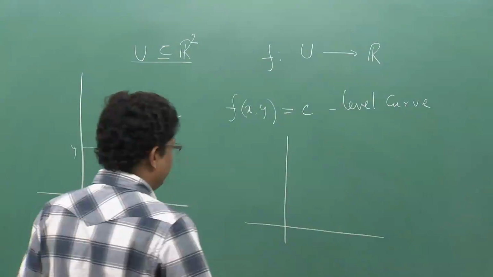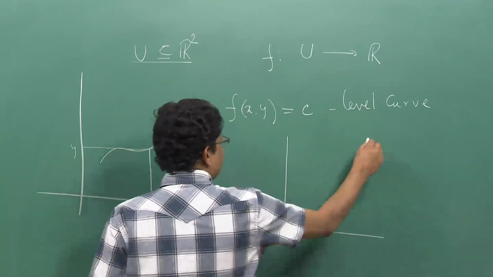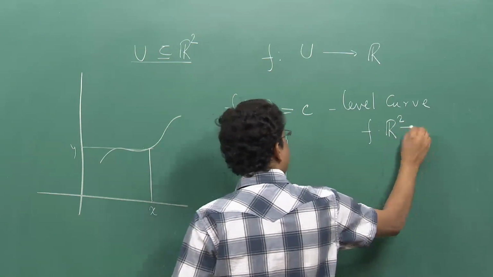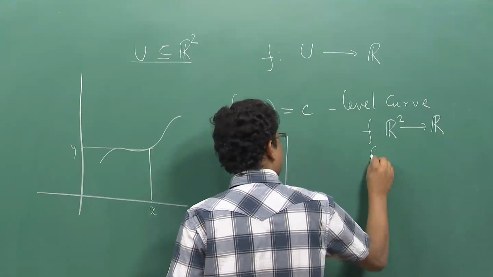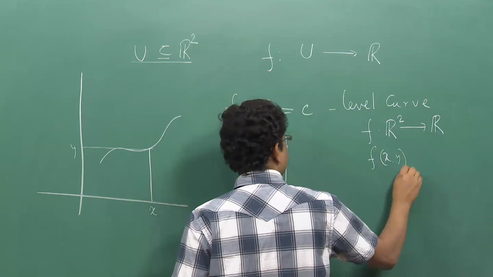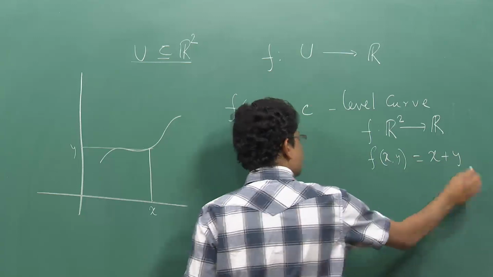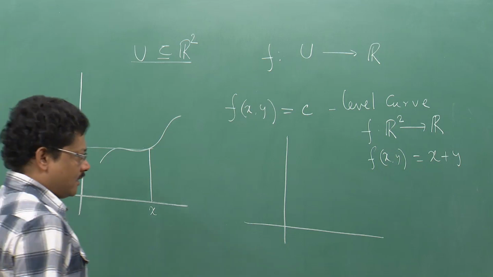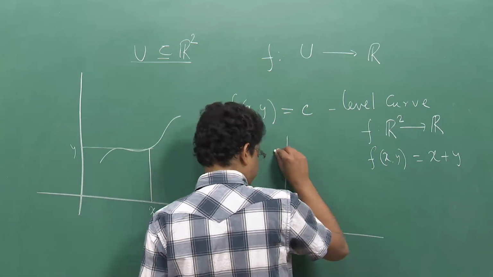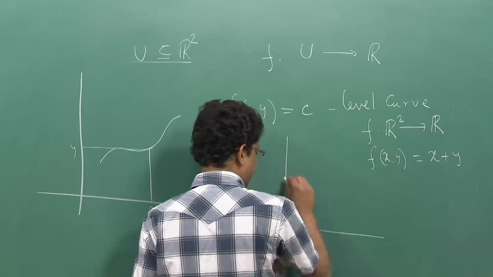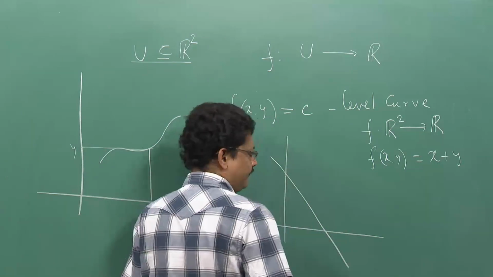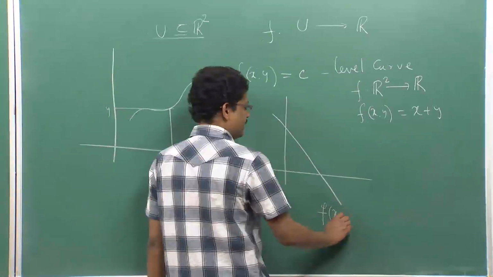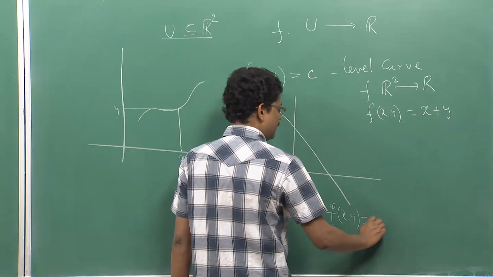For example, just take a simple example. Suppose I define this function f from R^2 to R, a very simple one, f(x, y) equal to x plus y. This is a function of two variables taking values in R. And I look at this line, a line is a curve, which is f(x, y) equal to, let us say, 1.